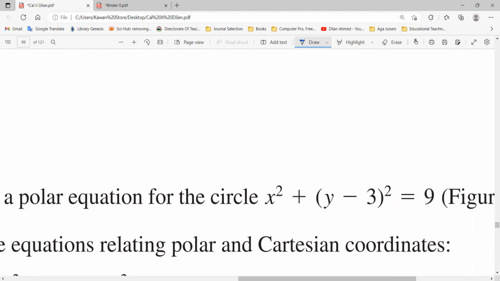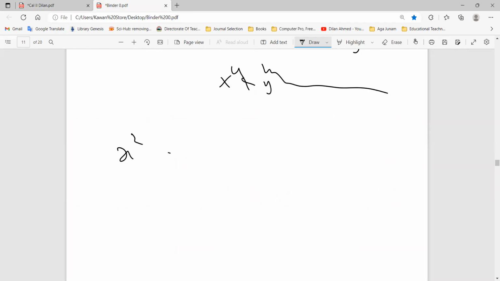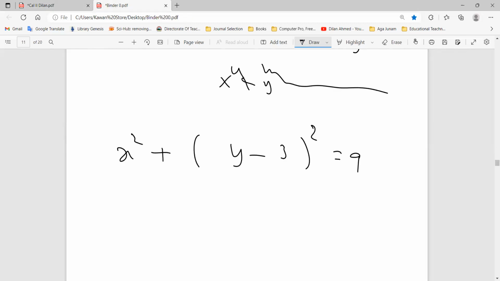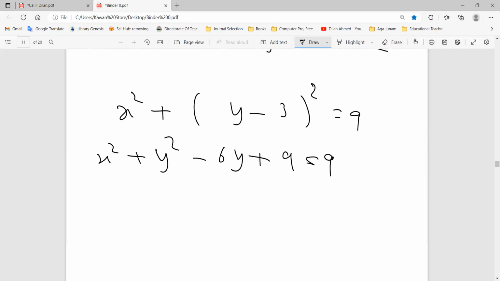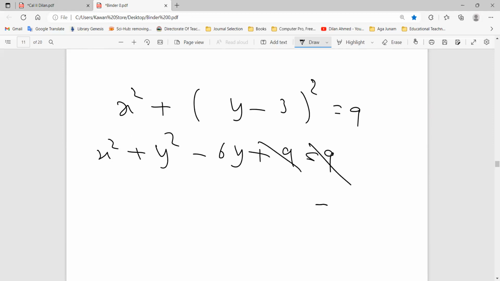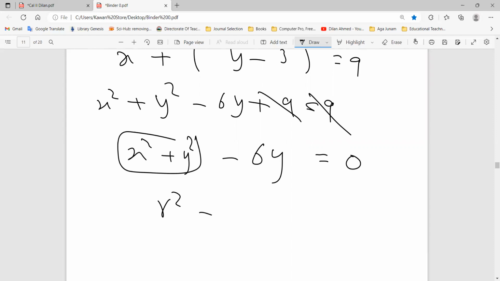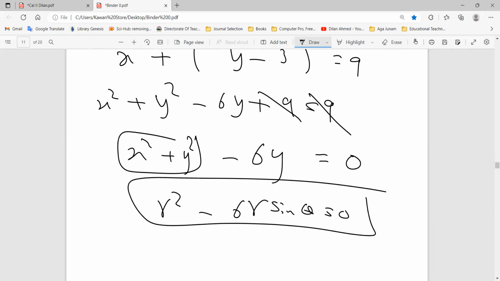So you get x squared plus y squared minus 6y plus 9 equal to 9. Am I right? So 9 equals 9 cancels, and I get r squared minus 6 r sine theta equal to 0. So we changed it. Good.